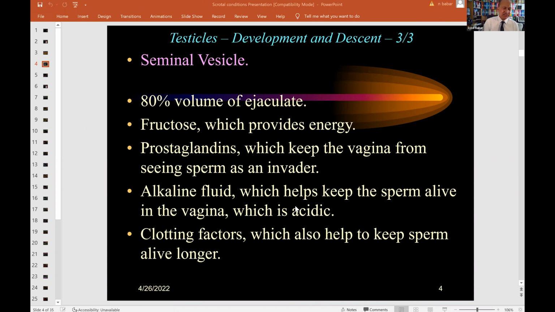The seminal vesicle, which is a gland that opens on the sides of the prostate on either side, forms 80% of the volume of the ejaculate.